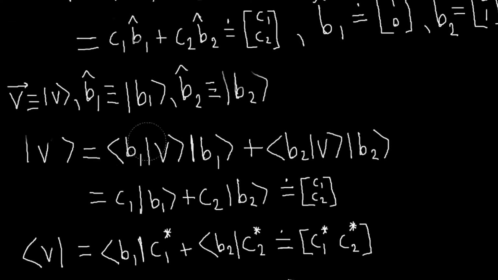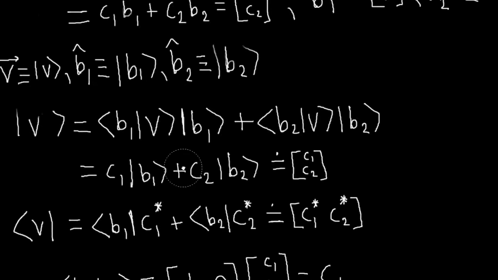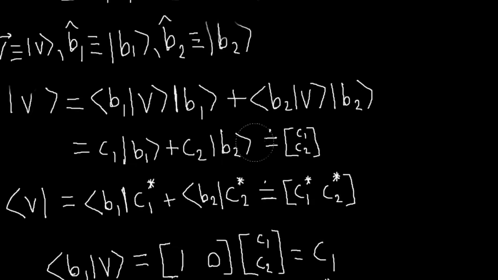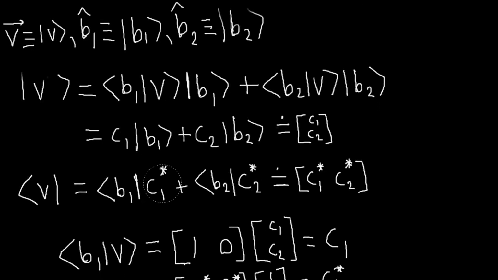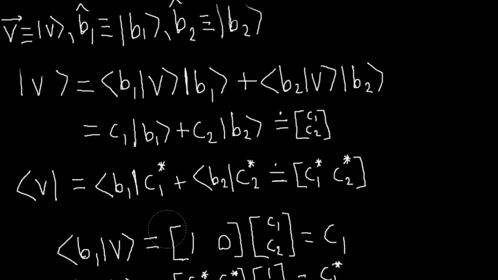Is b1v the same as vb1? We can work that out using these representations of our kets and bras. So b1v is given by b1 represented by this row matrix, and then v is represented by this column matrix.